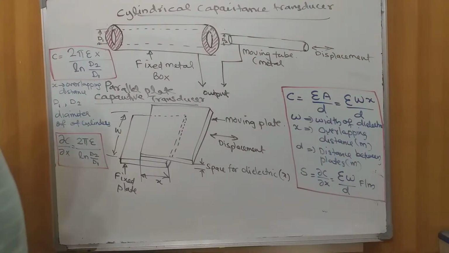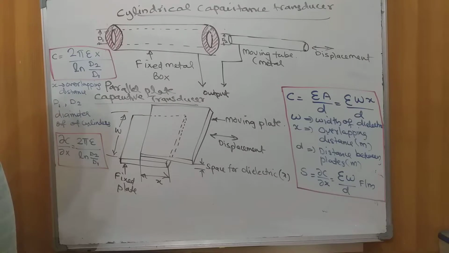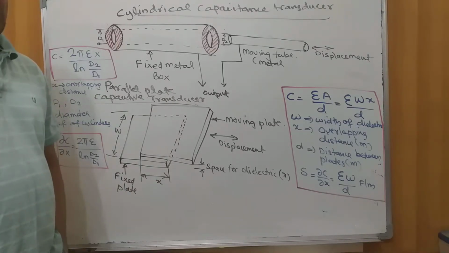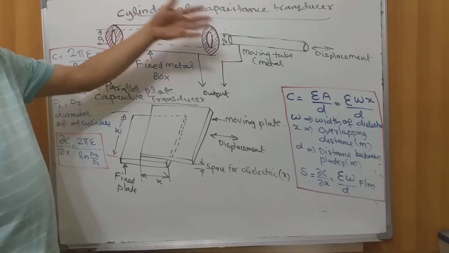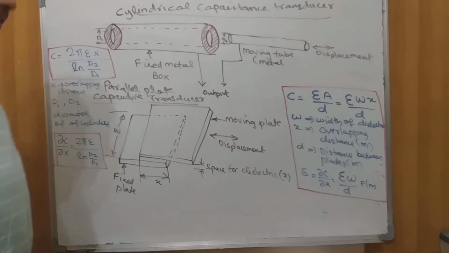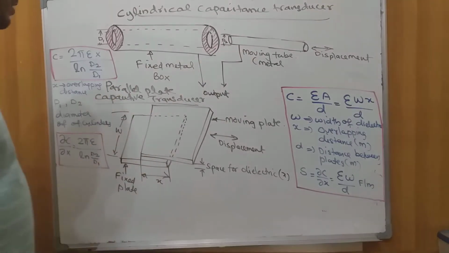As the part is displaced, the moving tube occupies space in the inner cylinder, giving rise to an overlapping space. Depending upon the nature and quantity of the displacement, some part of the moving tube is occupied inside the fixed metal tube.